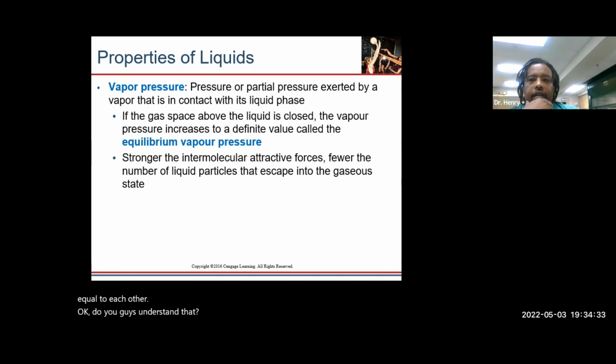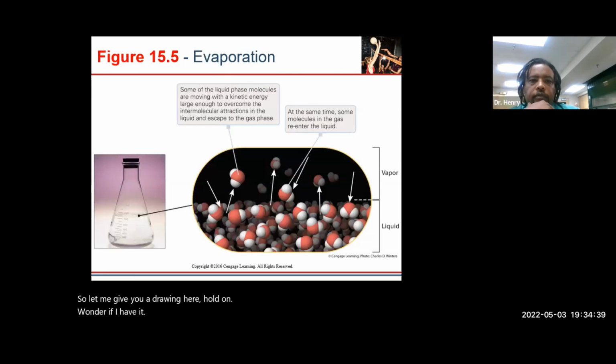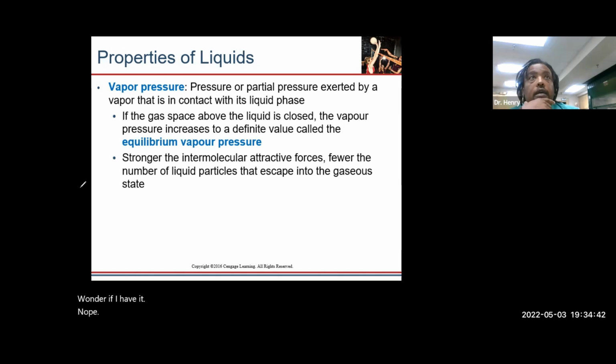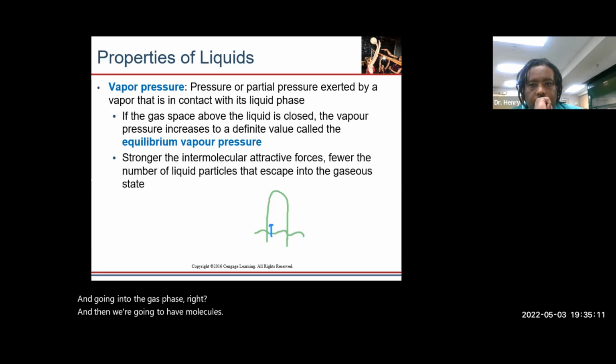So let me give you a drawing here. Hold on. Okay, so here's our tube, here's the water. Molecules are going to be going up into the gas phase, and then we're going to have molecules going down back into the liquid phase.